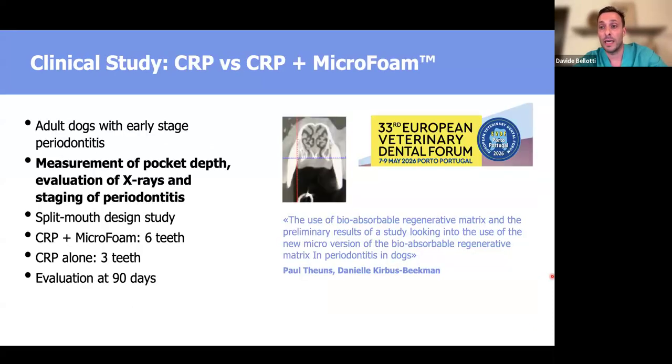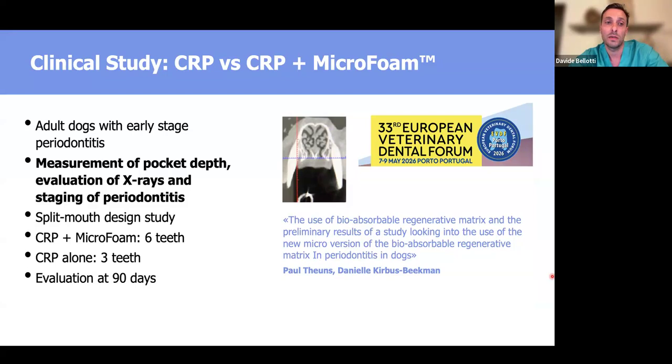At AVDC in Portugal this year, Paul and Danielle presented a study about MicroFoam. The study is called The Use of Bioabsorbable Regenerative Matrix, preliminary results of a study looking into the use of the new micro version of bioabsorbable regenerative matrix in periodontitis in dogs.